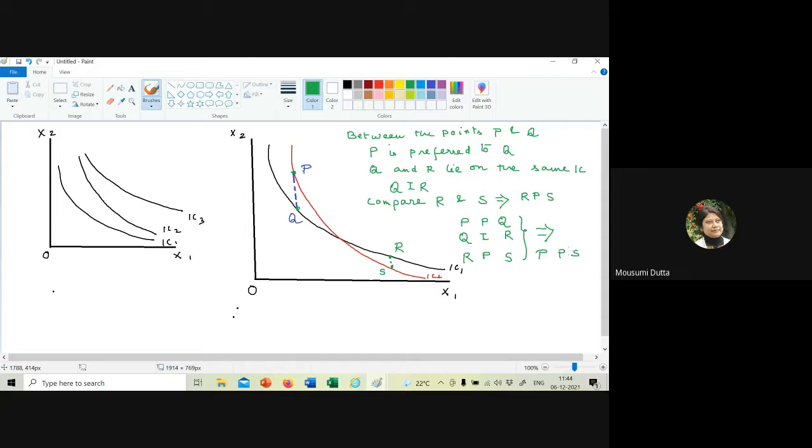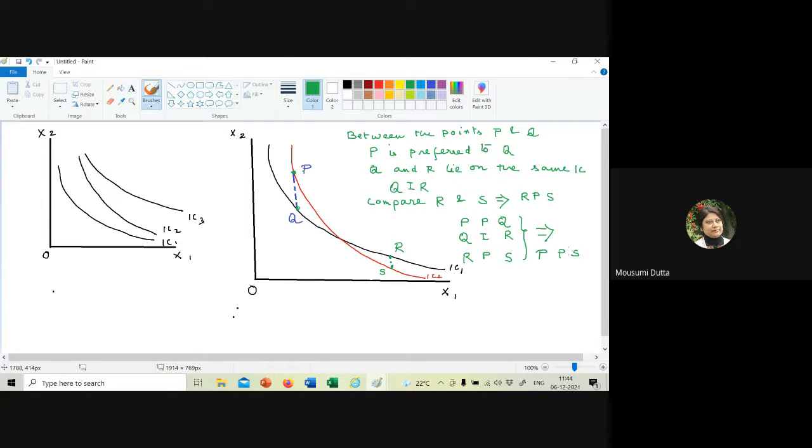So first applying the principle of non-saturation, we are finding P is preferred to Q. Following the property of indifference curve, we are finding QIR. Again, non-saturation tells us RPS.